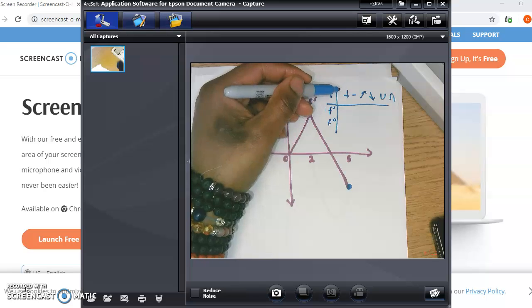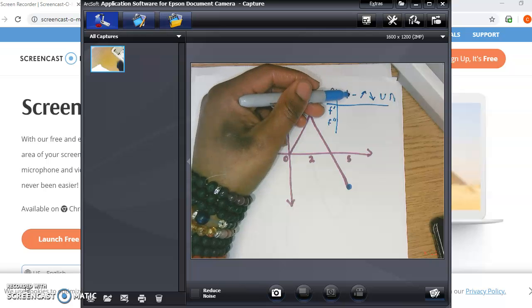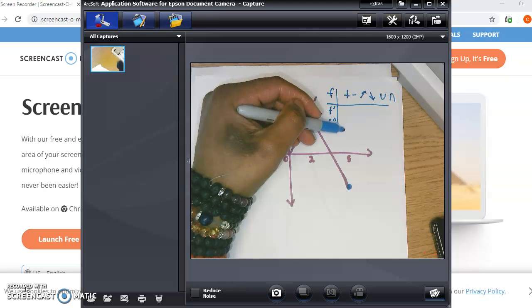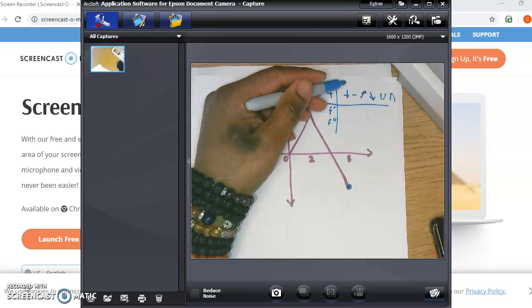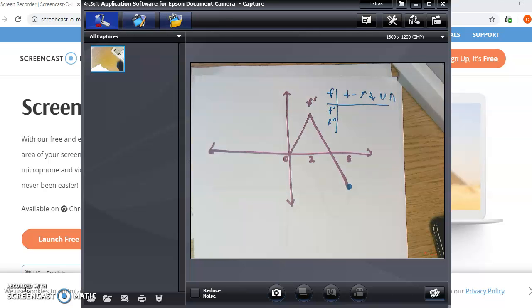If the original function is positive, we don't know anything about the first or second derivative. If the original function is negative, we also don't know anything about the first or second derivative.